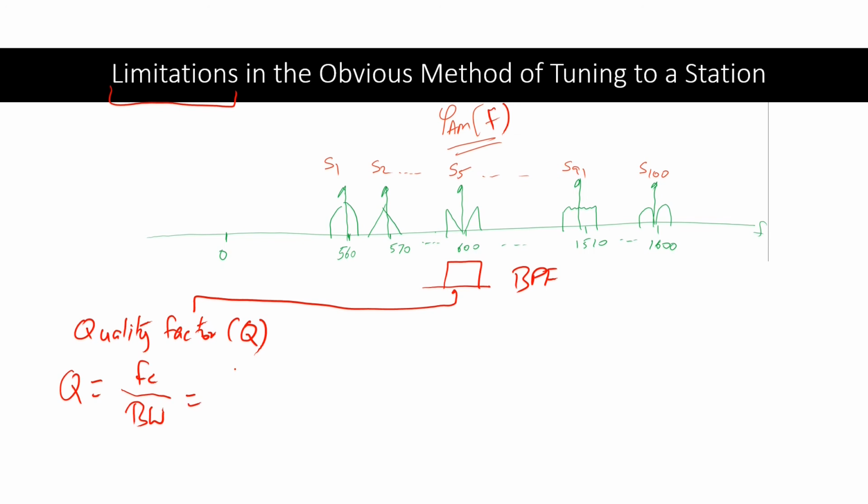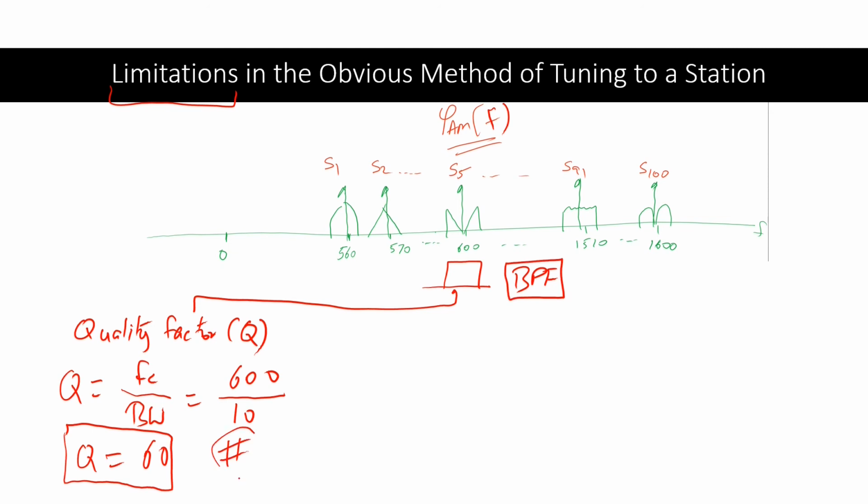Presently we are tuning into 600 kilohertz and the bandwidth is 10 kilohertz, so this Q factor is 60. Generating a band pass filter with such a high Q factor is quite complicated and not easy to manufacture. And such solutions would be rather expensive as well, which is undesired in low cost user radio devices.